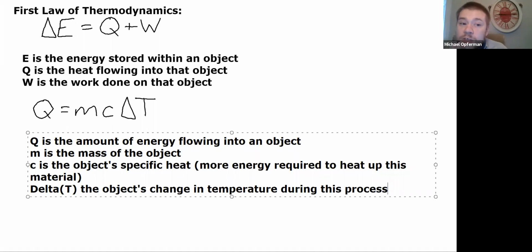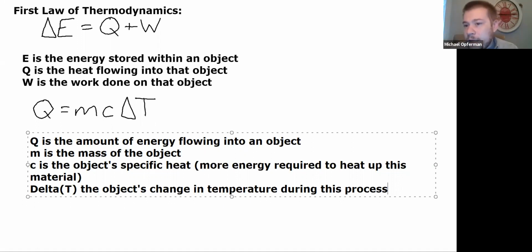In other words, what we're visualizing here is a process with a definite beginning and end. During that interval, Q is the amount of energy that flows into the object, and delta T is the change in the object's temperature. You'll notice, by the way, delta T will be positive if Q is positive, because energy flowing into the material causes its temperature to go up.